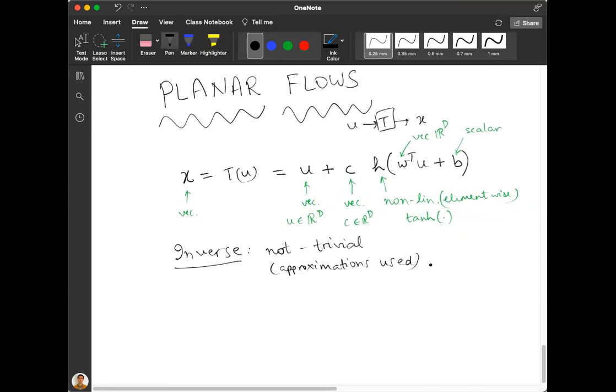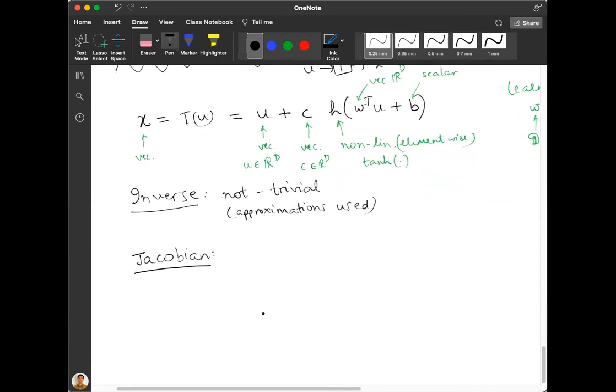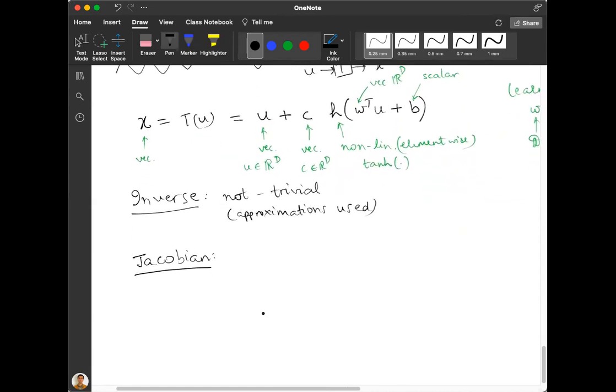Okay, so let's come to the other property, which is Jacobian. So now some mathematical exercise. What is the Jacobian of this function? How will you compute the Jacobian? Yes, how do you compute the Jacobian of a function?